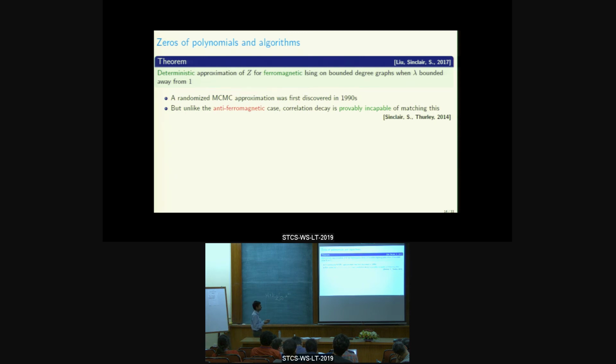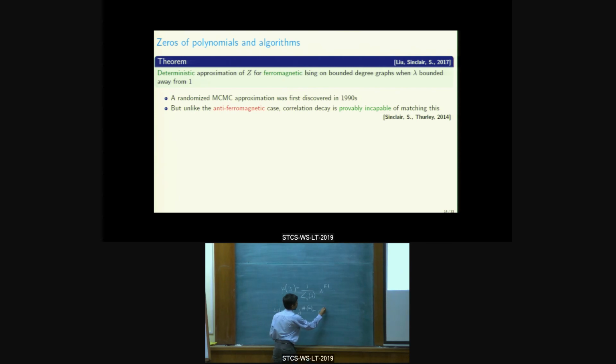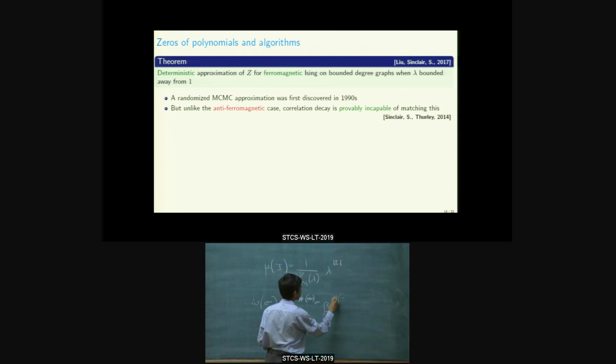So lambda, remember, was so the weights look like, the weight of a sigma was lambda to the number of plus spins in sigma times beta to the number of plus-minus edges in sigma.